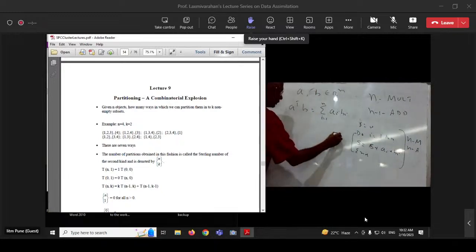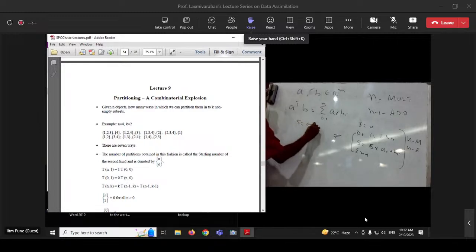However, I could also have rewritten this as S is equal to A_1 B_1, do i equals 2 to n, S is equal to S plus A_i B_i, end do. I could have written it like this too.